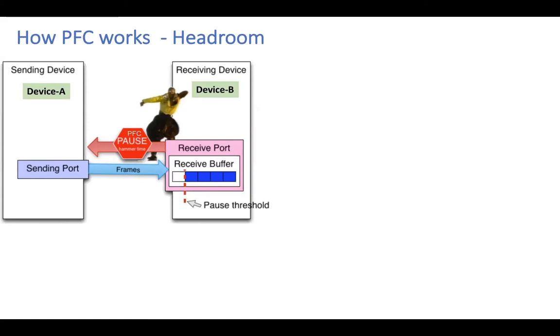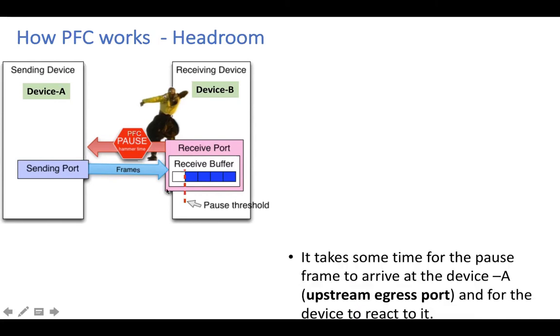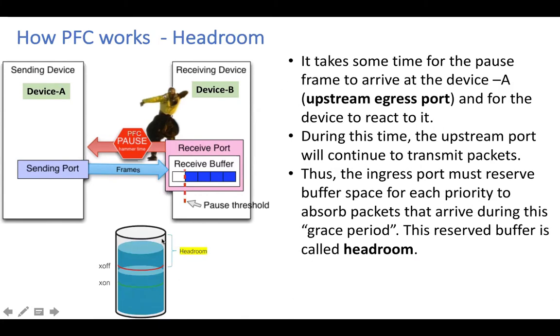So how is device B going to handle the data received in that time frame? This data will be handled by a reserved buffer, which is known as headroom. I mean, traffic received during that time frame will be handled by the reserved buffer, known as headroom.